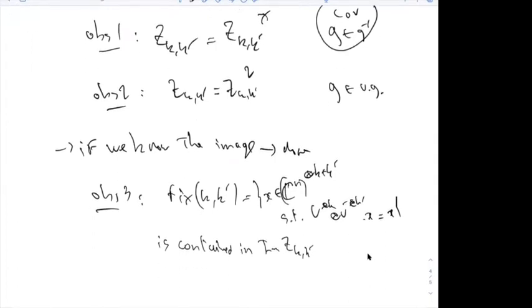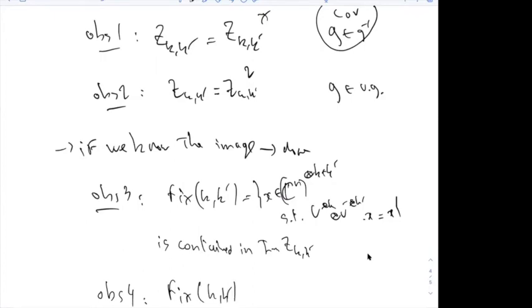And the last observation is one which I really like, and I've never seen it really written anywhere. It's written somehow, but maybe with not such a simple argument.